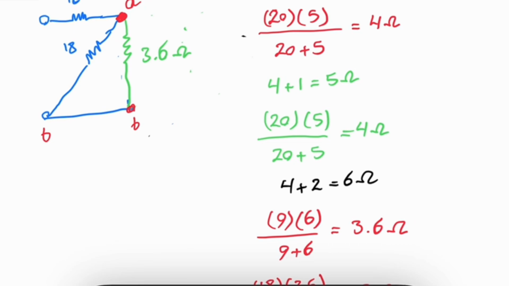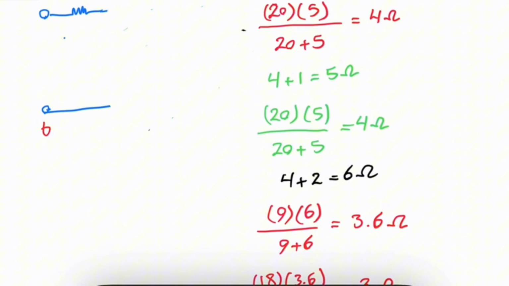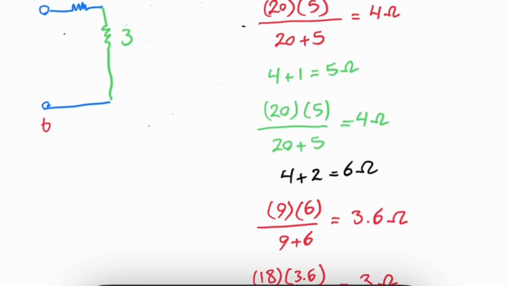Therefore, I can replace these two again with an equivalent, we find it as 3 ohm. Therefore, what is my R equivalent? My R equivalent is equal to 16 plus 3, which is equal to 19. You can see a very complicated problem can be solved easily.